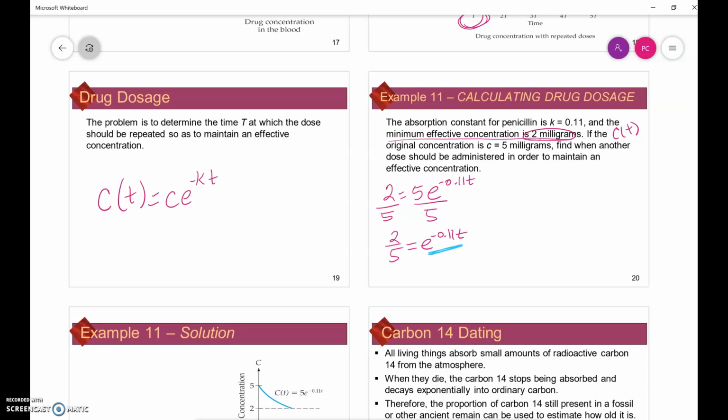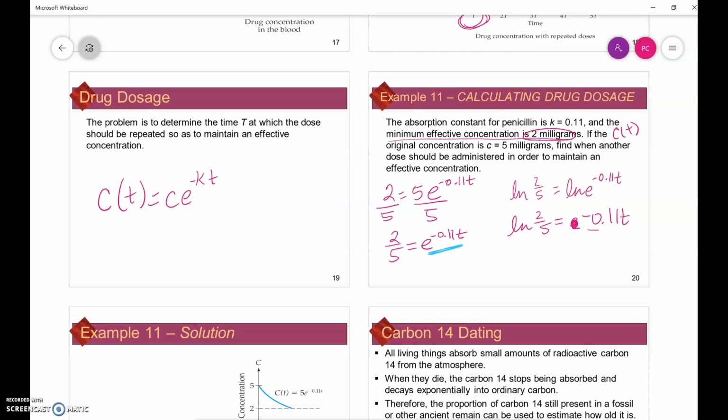When you take the ln, we've got the ln of 2/5 equal to the ln of e to the negative 0.11t. We know the right-hand side of that equation becomes negative 0.11t.